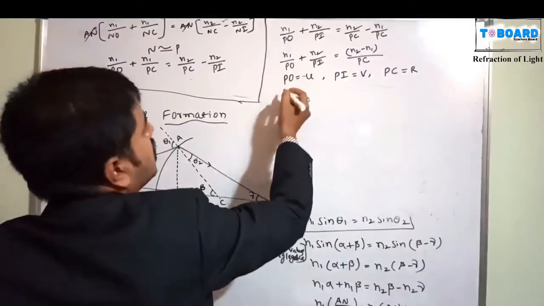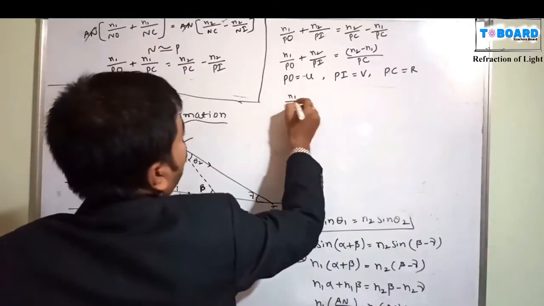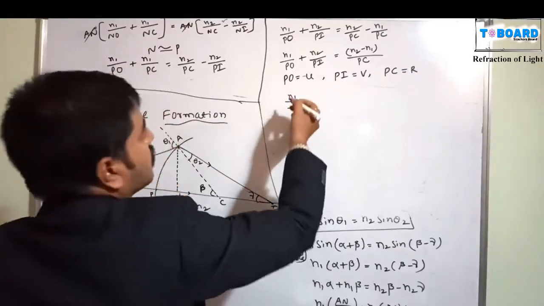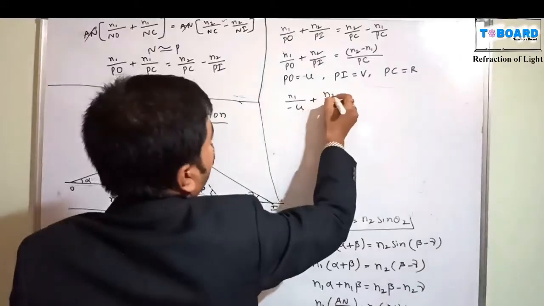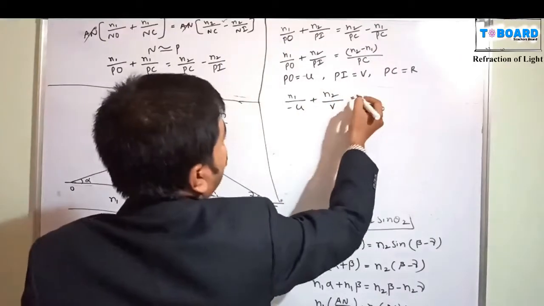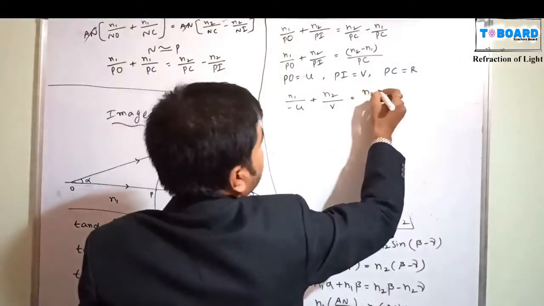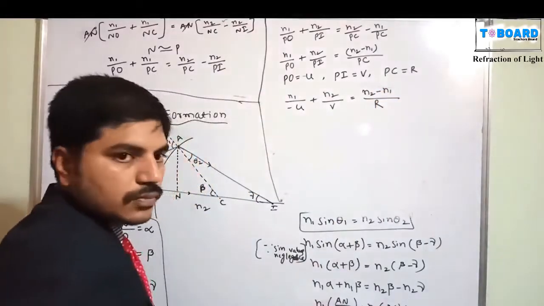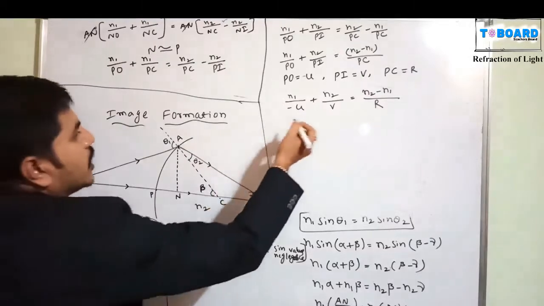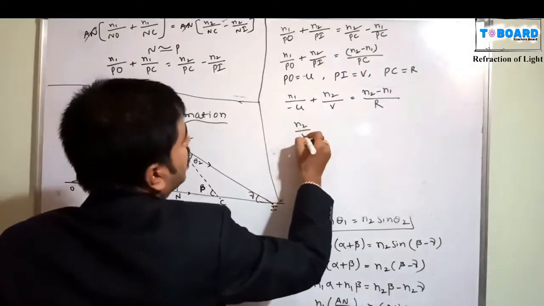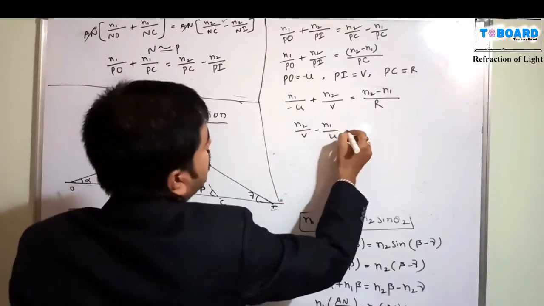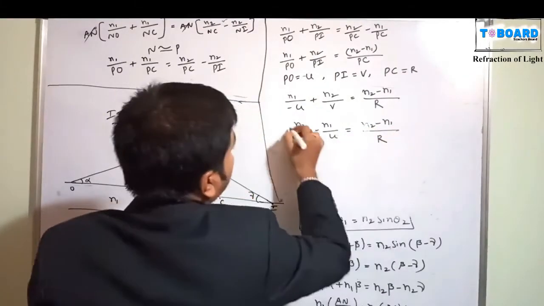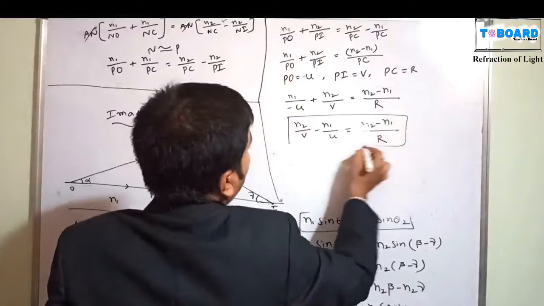Now see here, N1 by PO, which is minus U, plus N2 by PI, which means V, equals N2 minus N1 by PC, which means R. So I am going to write N2 by V minus N1 by U equals N2 minus N1 by R. This is the image formation formula.